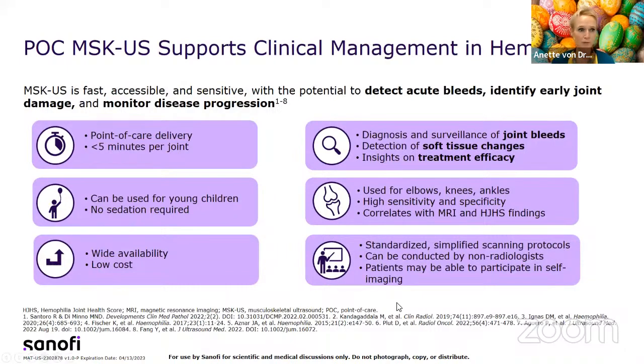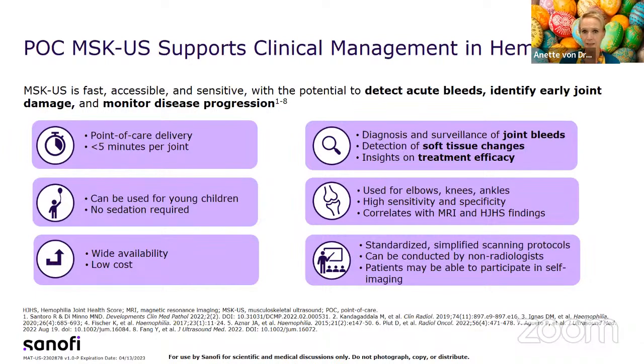So I think I hopefully have convinced you that point of care musculoskeletal ultrasound supports clinical management in hemophilia. It's fast, it's accessible, especially now that we have handheld devices in clinic or the access to it. There is no more need for large costly equipment.